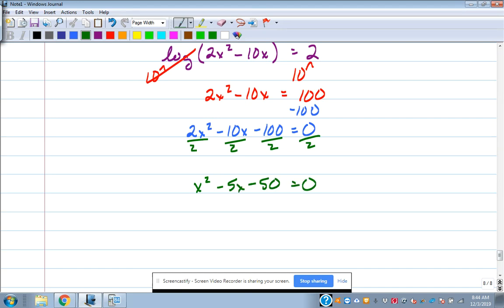equals 0. And we got options. We can either factor or use the quadratic formula on this. I'm going to do factoring. Multiply to be negative 50, add to be negative 5. Negative 10 and positive 5.